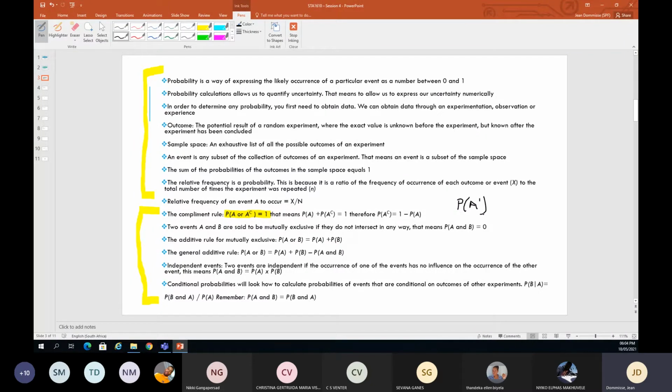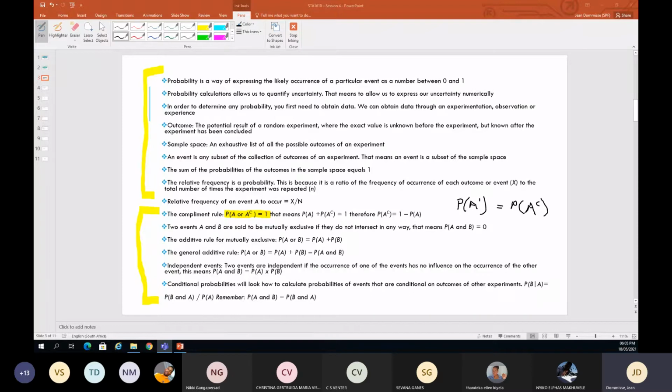So if I tell you that the probability of A is equal to 0.6, then the complement is 1 minus 0.6. The complement is just 1 minus whatever the probability was.